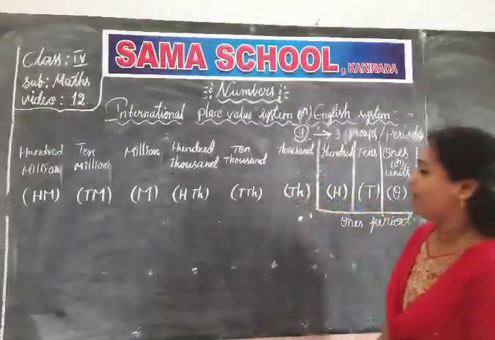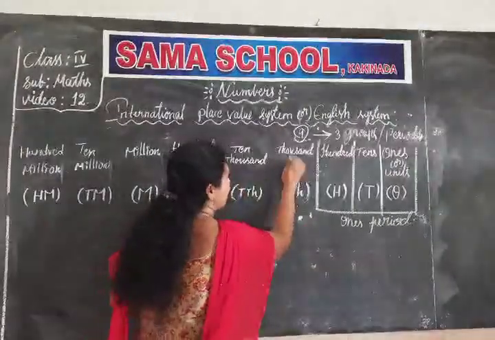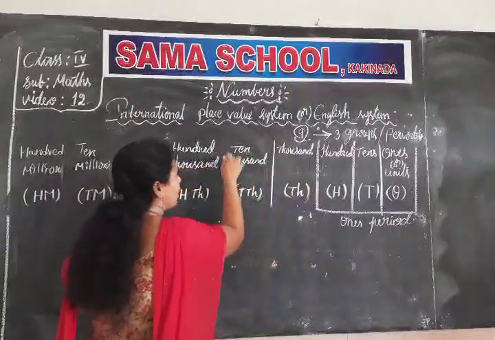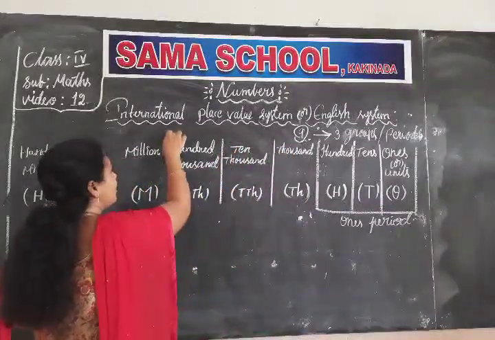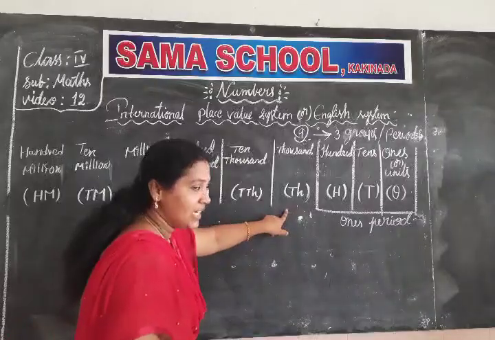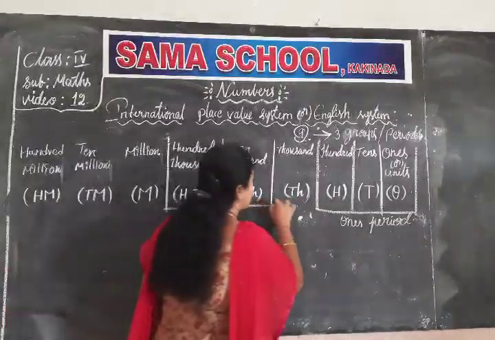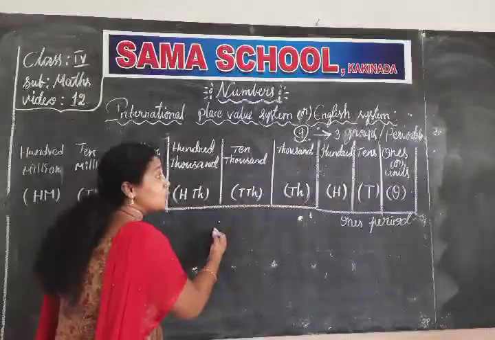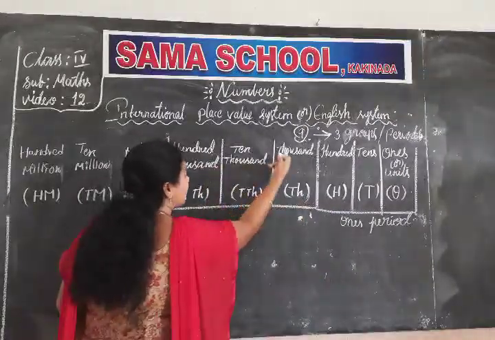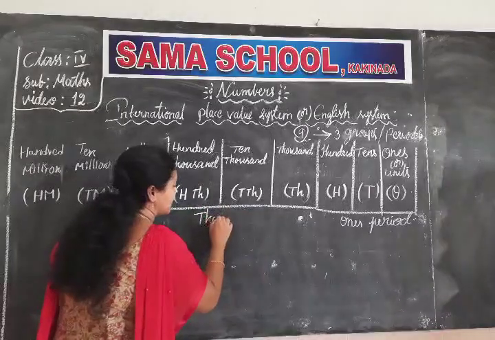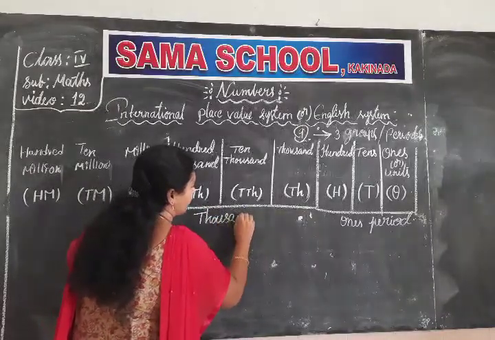Now coming here, 1,000, 10,000, 100,000. These 3 places come under which period? Yes, thousand period.